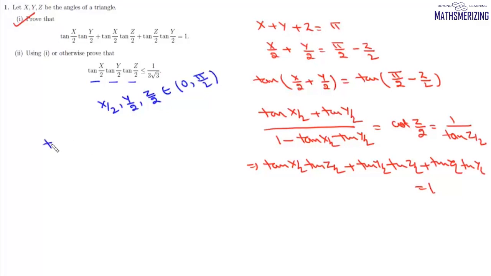That means tan(x/2), tan(y/2) and tan(z/2) will be positive numbers.